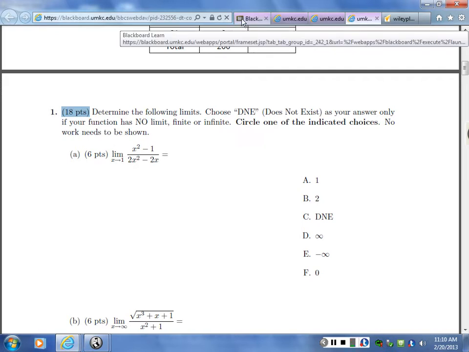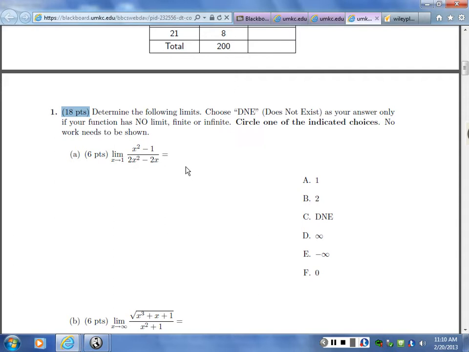So if it was 1 over 0, though, it would be does not exist. You have to be careful because 1 over 0 can be infinity or minus infinity, depending on how it's going, like x as it goes to 1 and ends up being a constant over 0. If I think of h going to 0 of 1 over the absolute value of h, that goes to positive infinity.